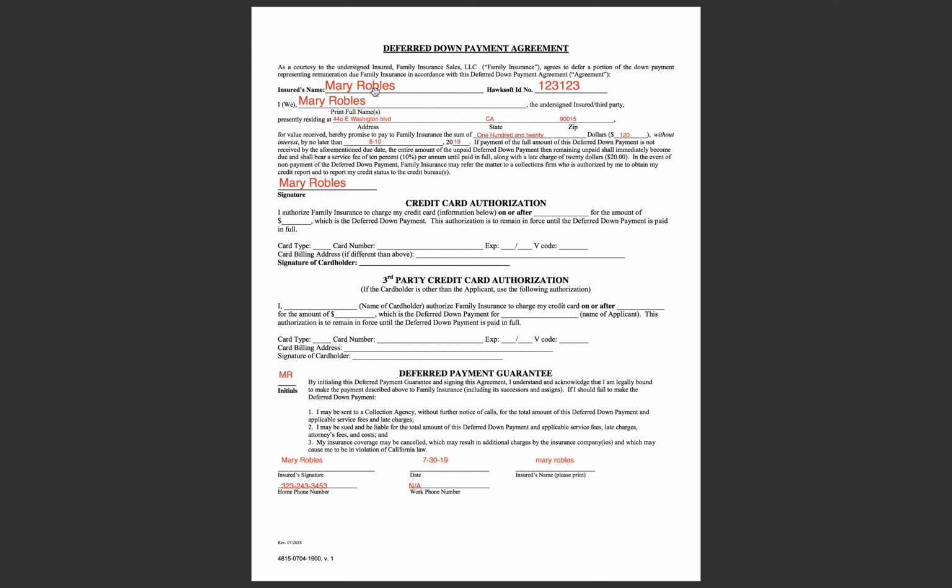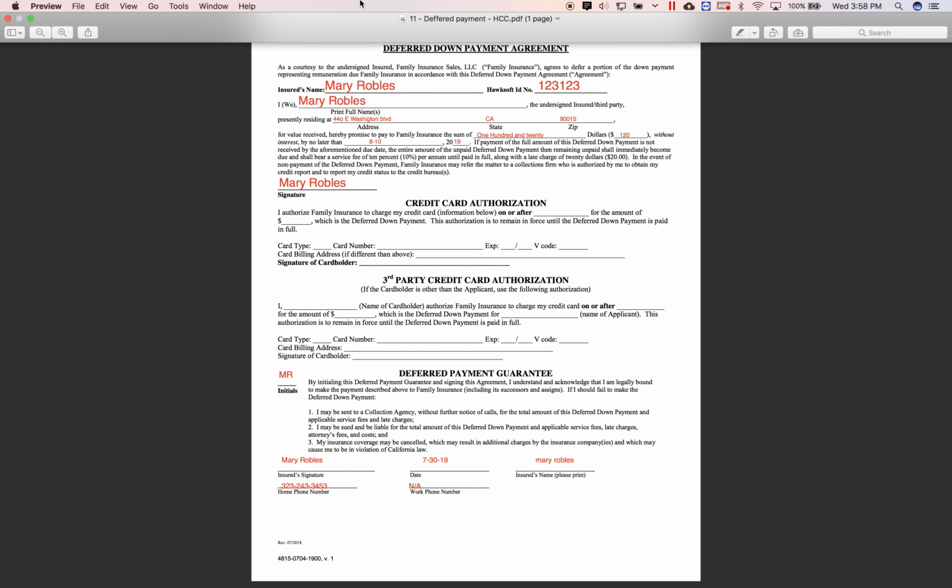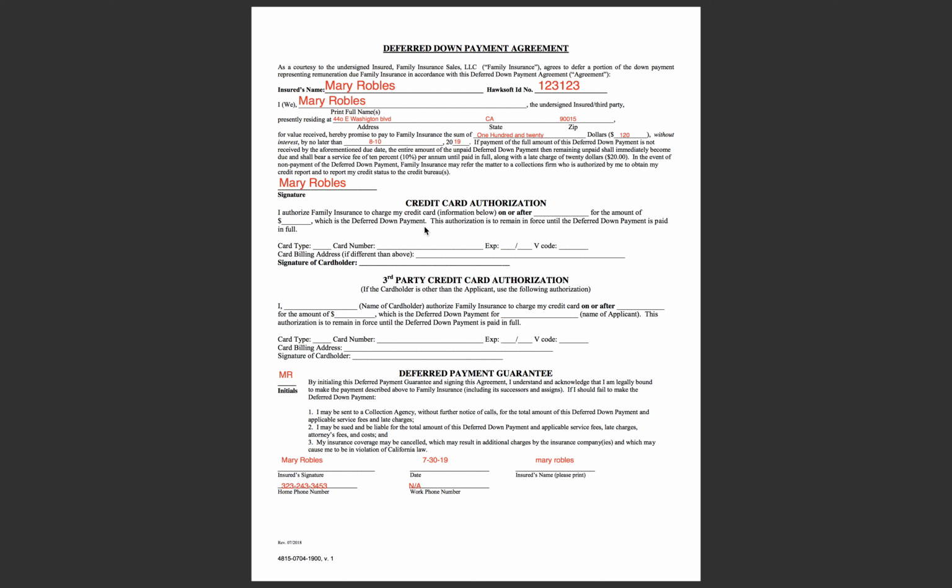There are additional documents or copies that you're going to have to collect, but mainly this document is authorizing Family Insurance to deduct the payment from their credit card or a third party's credit card, or they are promising to make the payment within the due date. So once again, this is an agreement regarding the balance.